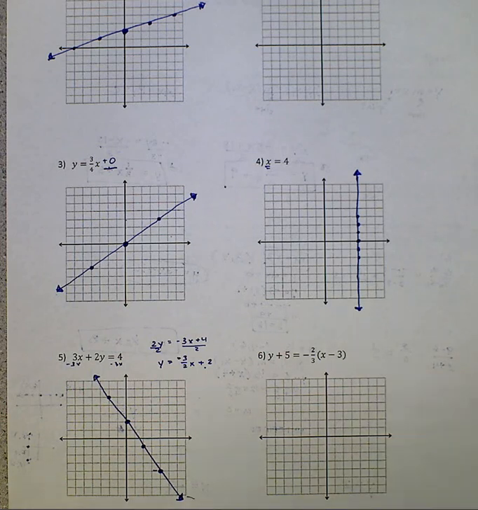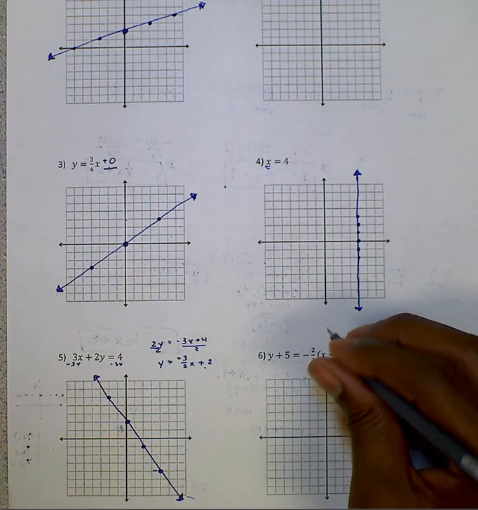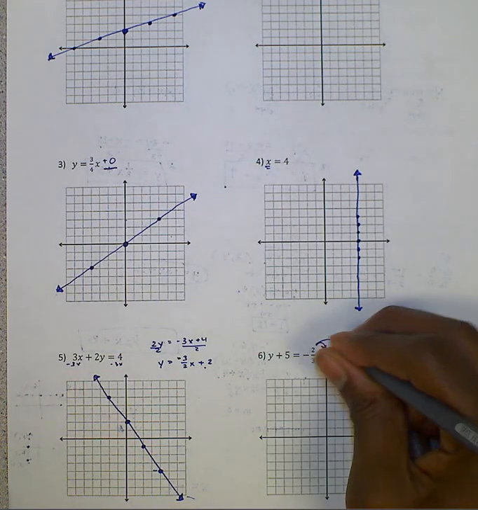Then finally, this is in point-slope form. You could try to identify the slope and then try to identify the point, but better for you, I think, just to solve for y and put it in slope-intercept form. To do that, we would distribute this negative 2/3 here.